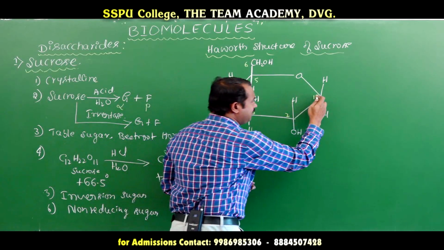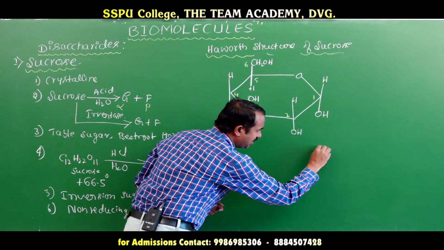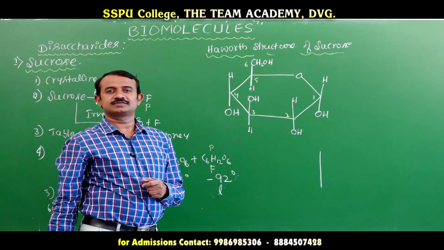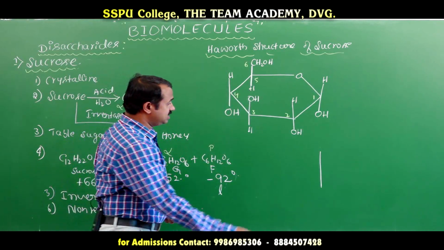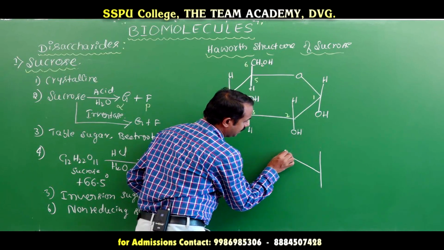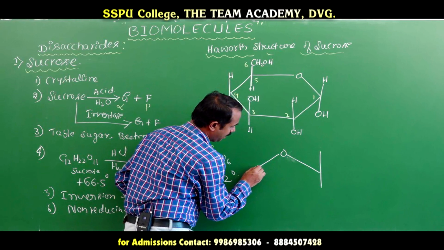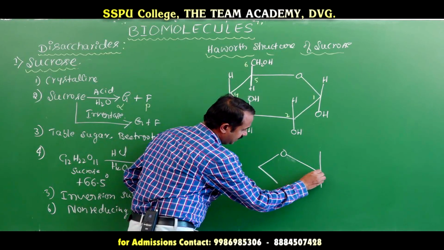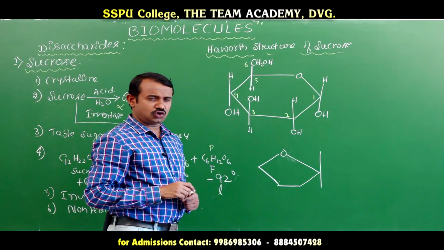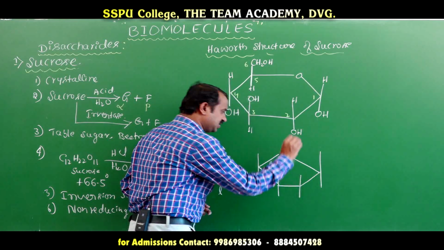In the same way we write the fructose. It is a 5-member ring, that is the furanose. This is the furanose, and here also the same structure.